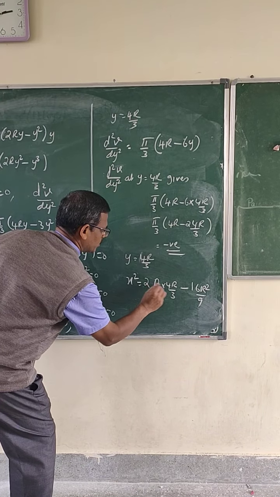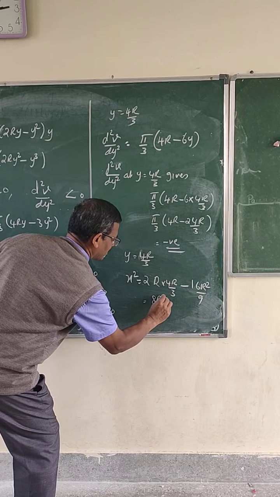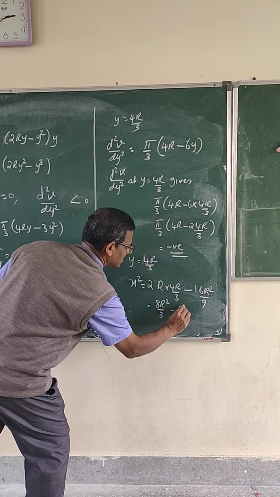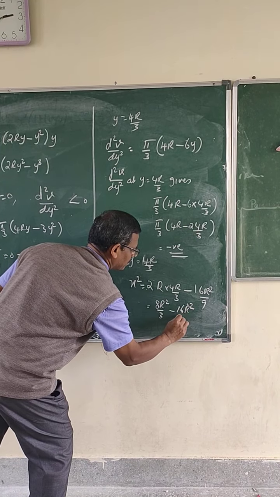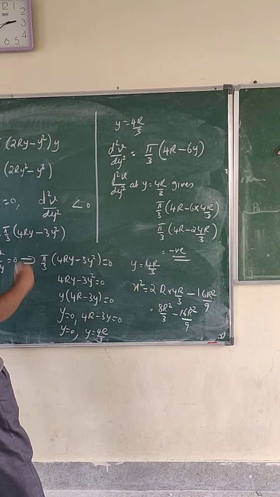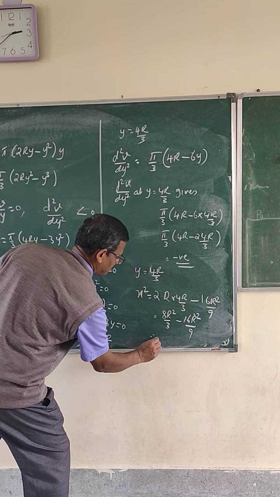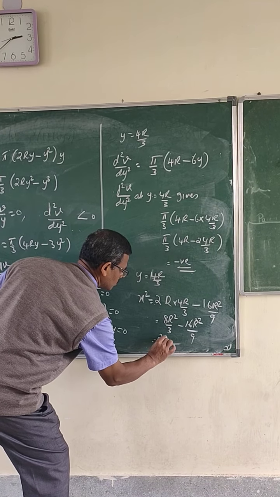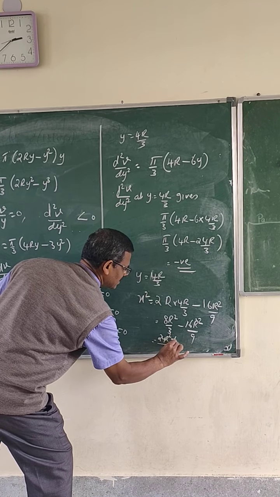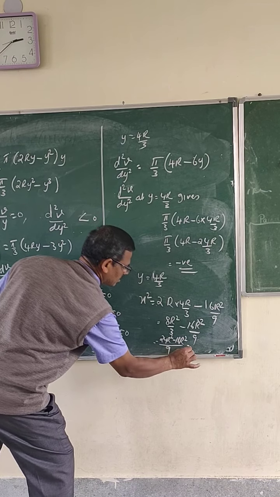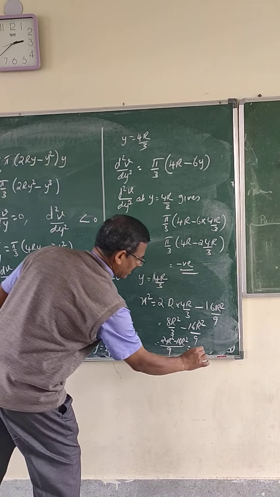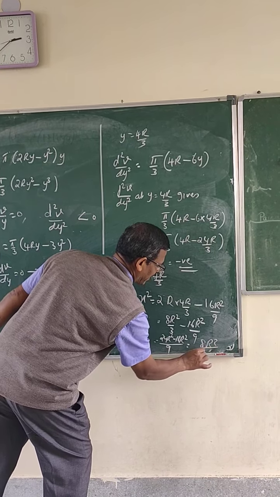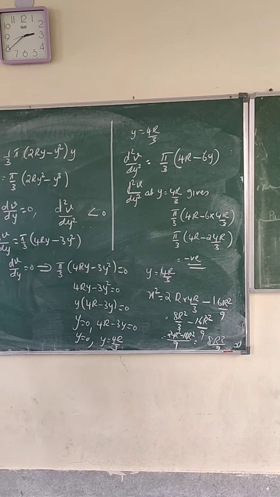You get 2 into 4, 8r square by 3 minus 16r square by 9. And when you simplify, 9 is the LCM. So 3 into 8, 24r square minus 16r square, 24 minus 16. So you will get 8r square by 9. That is the value of x square.